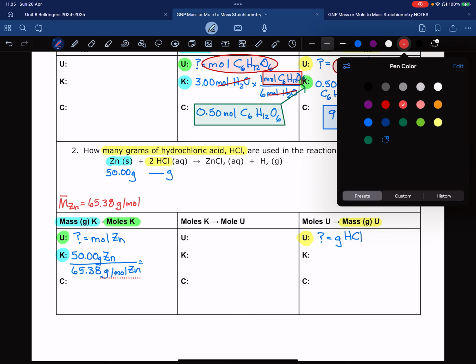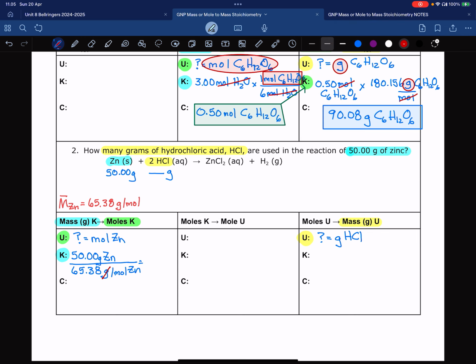Now, when I do that, the grams cancel. I'm going to end up with moles, which is exactly what I want. So I'm going to go ahead and do that calculation. And that calculation is going to give me, to 2 decimal places, 0.76 moles of zinc. Now remember, that's an interim, right?